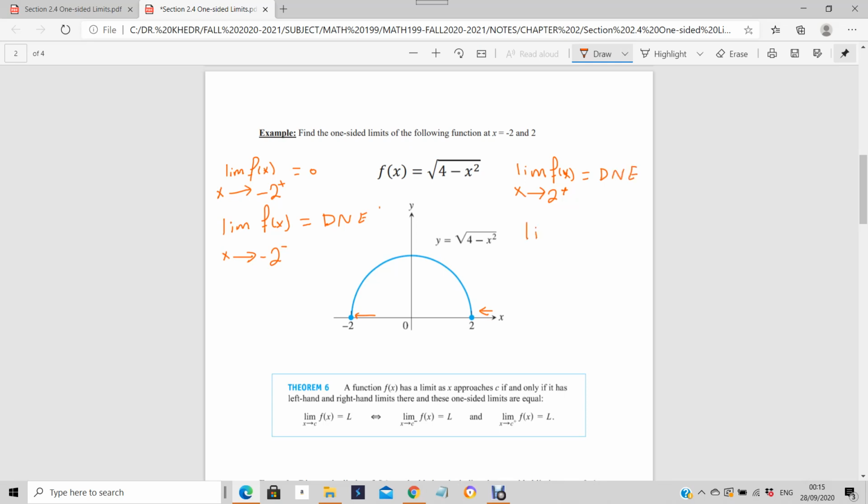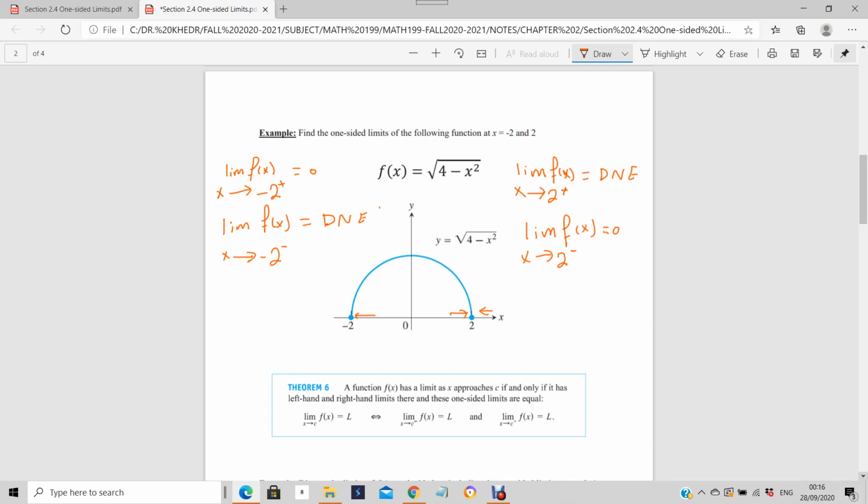The left side limit, lim f of x as x goes to 2 from the left side. I'm going to approach x equals 2 from the left side. As x is going to be very close to 2 from the left side, the value of the function is dropping to 0. It's 0. So these are the one-sided limits at x equals minus 2 and at x equals 2.